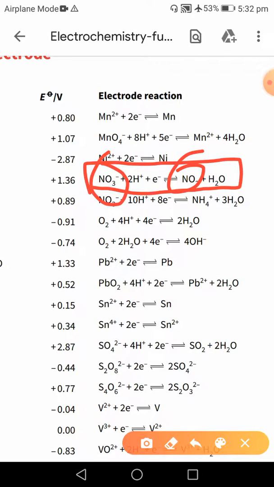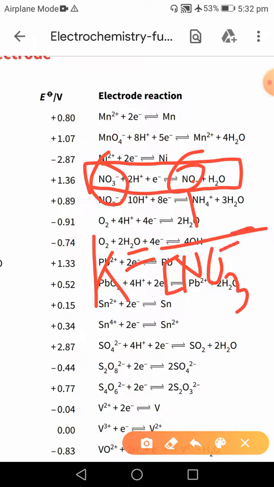All right, so NO2 is a gas which will be lost actually. So we will write the equilibrium constant is equal to 1 divided by the concentration of nitrate.